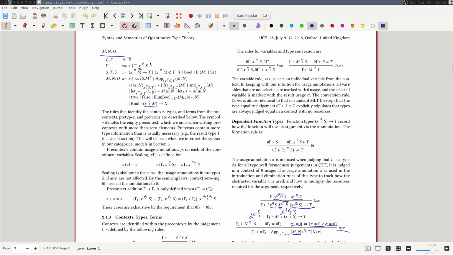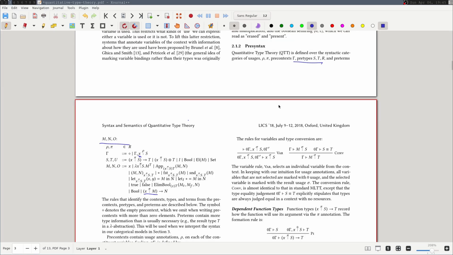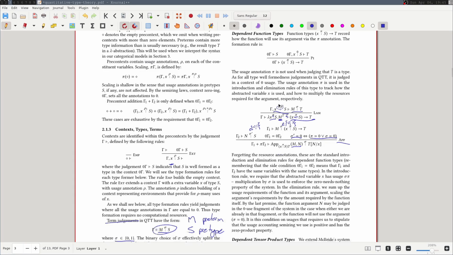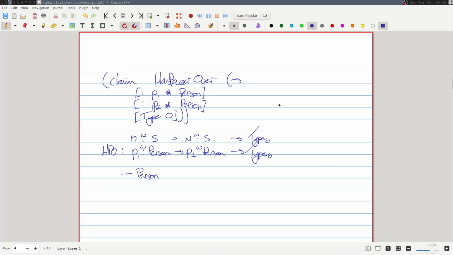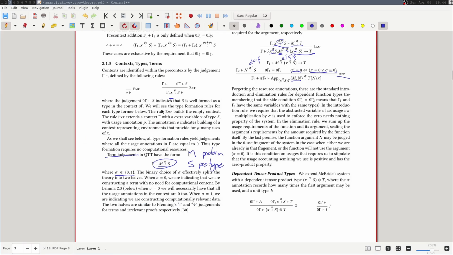Because you kind of have to... I guess I can make person a pre-type. Sure, person can be a pre-type. We can do that. Ah, but M is not a pre-term.